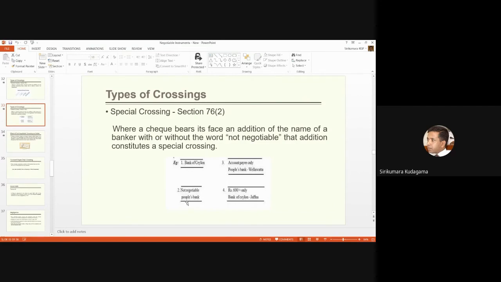In the second example, it should be People's Bank only, and in the third example, it should be People's Bank, Wellawatte. Likewise, you name the collecting bank to which it should be presented. That kind of crossing is a special crossing. Here again, no difference. This cannot be encashed over the counter. It has to be deposited into an account.